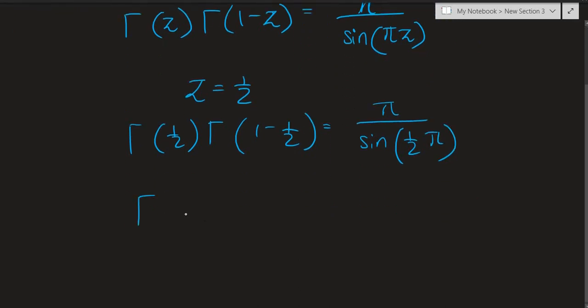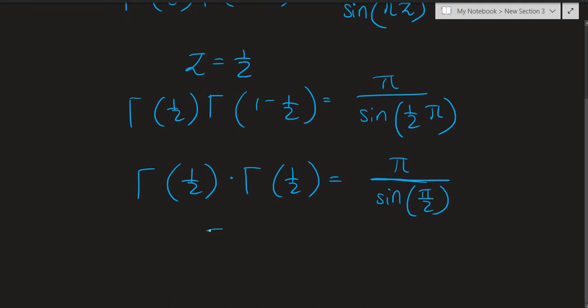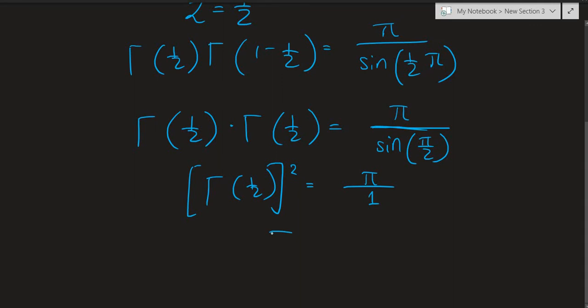So 1 minus half is half, so gamma of half times gamma of half, the whole thing squared, is equal to pi over sine of pi over 2, and pi over sine of pi over 2, if you know basic trigonometry, is pi. So gamma of half is just square root of pi.